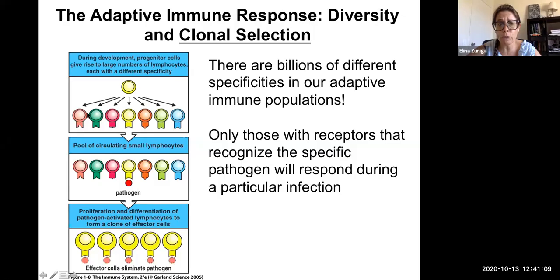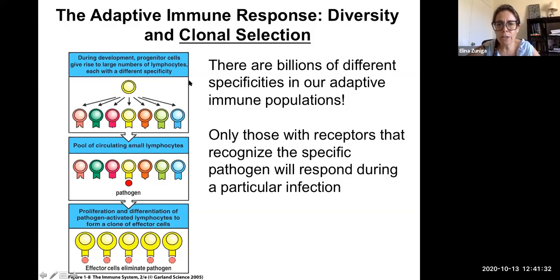But each of these clones is in very low representation. Okay, so we have very few of each of the clones that contain the receptor that is specific for a particular sequence of a protein of HIV, for example.